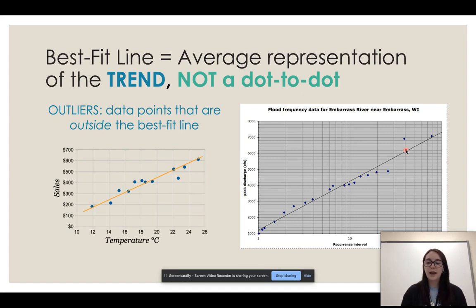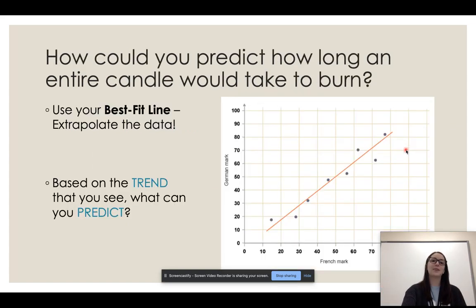It's because they fall outside of my best fit line, which means they are not on my trend. That best fit line represents my average representation. So make sure you know that. So an example of this is how could you predict how long an entire candle would take to burn? You would use your best fit line and extrapolate the data.